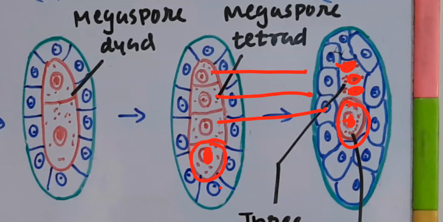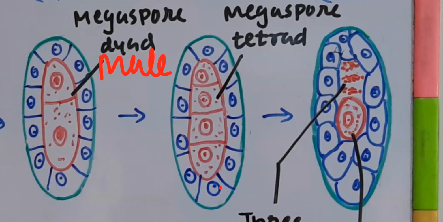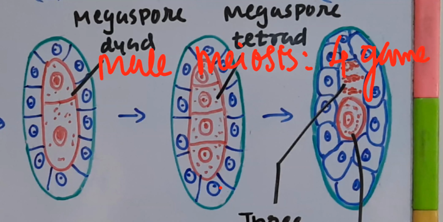If you want to understand this, imagine what I explained to you: per meiosis in a male member, 4 gametes or 4 gametophytes develop, because each microspore can develop one male gametophyte.